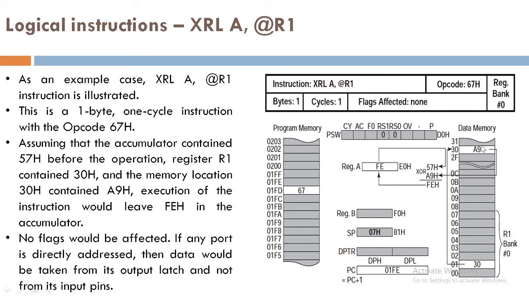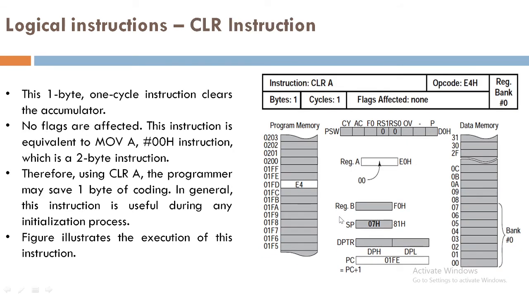This A9 will now get exclusively ORed with 57, which was the previous value of the accumulator, and the accumulator will be rewritten with the result FE.